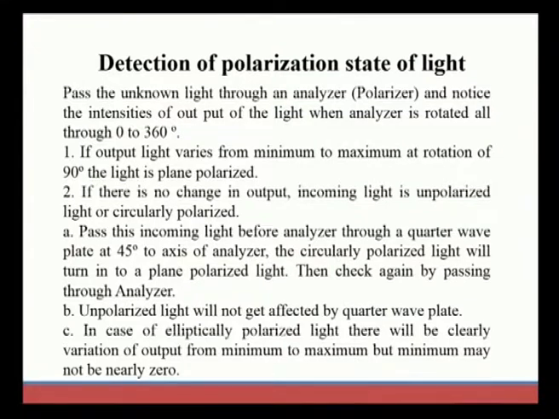This can be made to pass through the analyzer again, which will give PPL again. Then check again by passing through the analyzer. So, these are the different processes by which we can know the polarization state of a light.